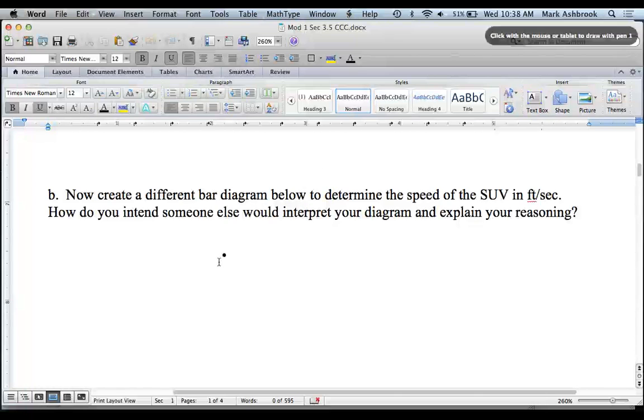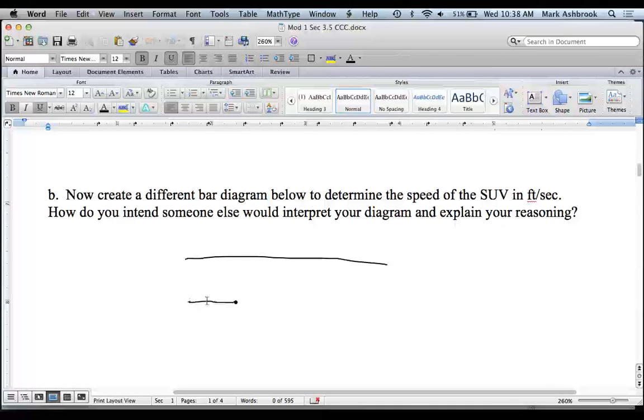We're going to make a bar diagram again. Now, a different bar diagram. This is our bar diagram to analyze speed. So what could the top bar represent? Total distance. Total distance, which was? 10 feet, the crosswalk? No, what is it? I'm going to call it 1.9, all right? So 1.9 feet.